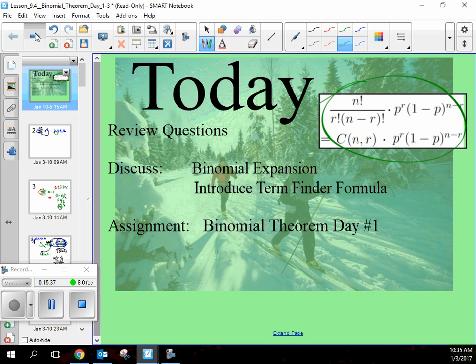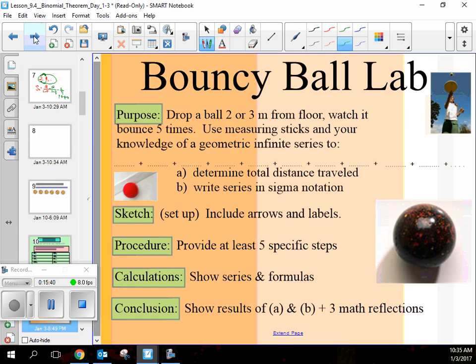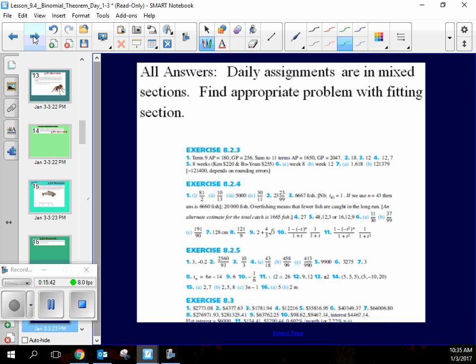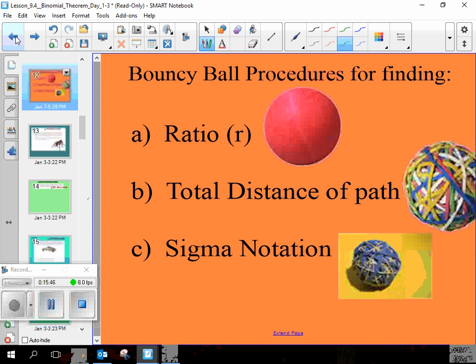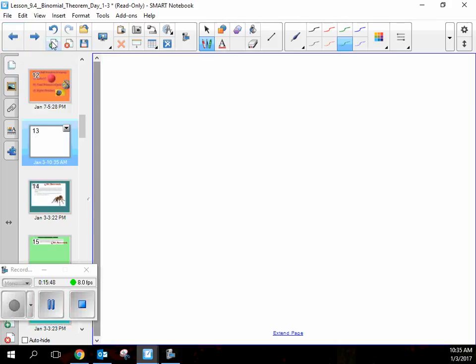All right, so find this slide that looks, oh, by the way, if you had forgotten, we did the bouncy ball thing, and I'm not making you write up the lab for it. Just a reminder, what kind of a sequence was that? Infinite, and is it adding something each time, subtracting something each time, or multiplying by something each time? Multiplying.